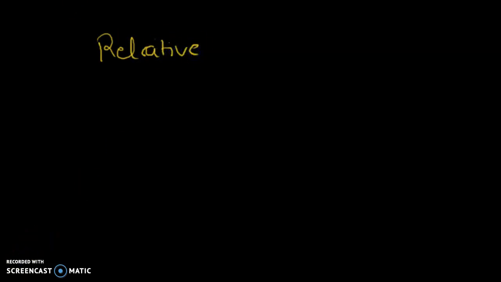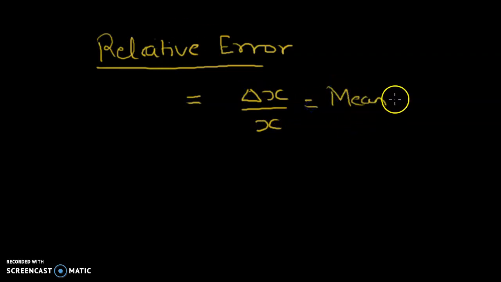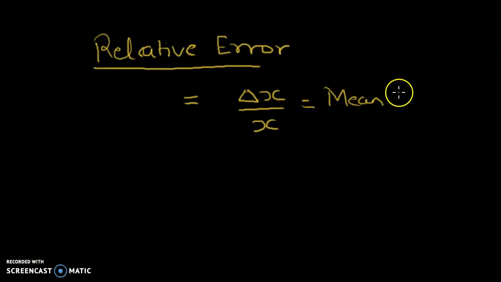It is actually the ratio of the mean absolute error and the true value.